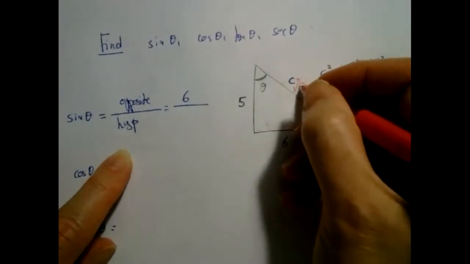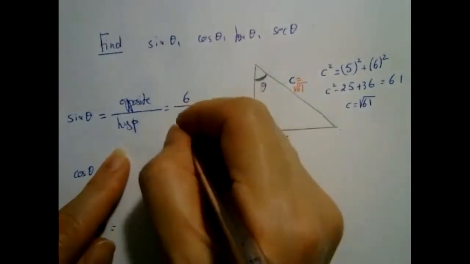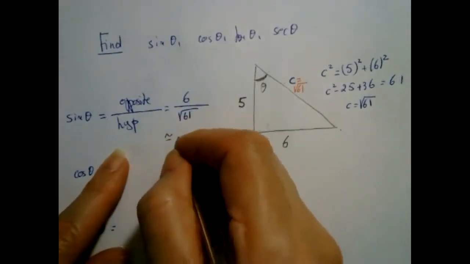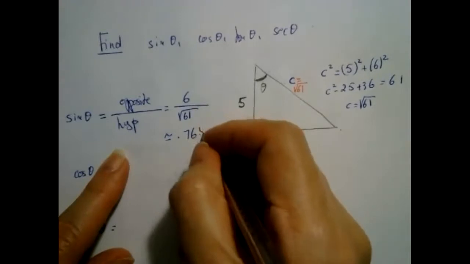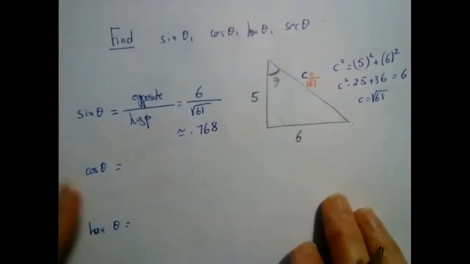So now this is 6 divided by the square root of 61. I will do the math to make sure you guys are giving me the right answer. I'm getting almost, and that's an approximation, 0.768. Okay.